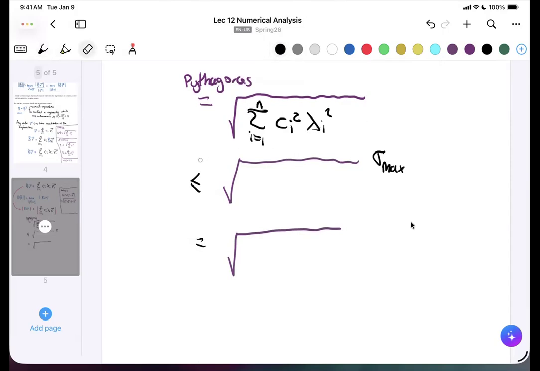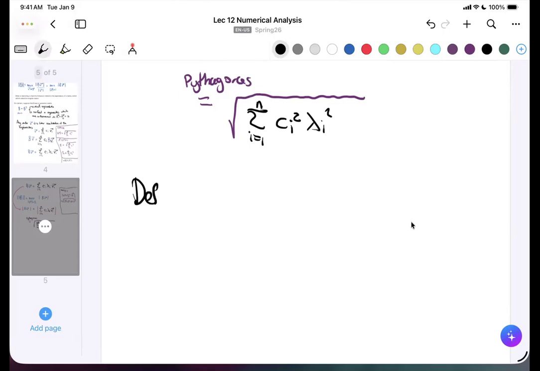Okay, so before I continue, let me write it like this. So define this thing. It's going to be the maximum of the eigenvalues in absolute value.